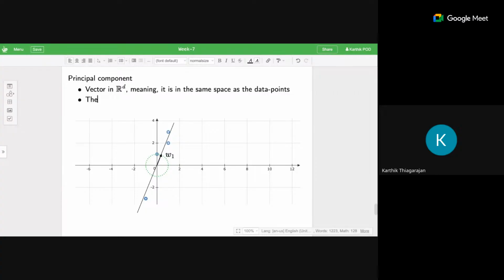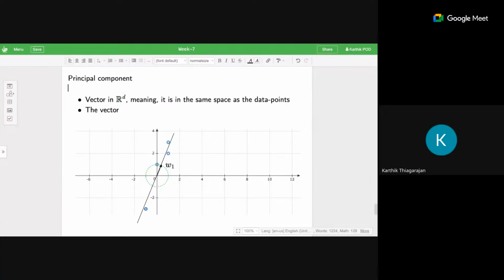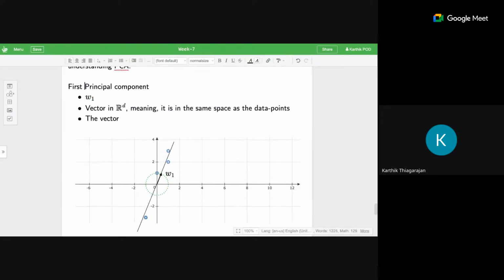So what is the principal component? It's W1. We are going to call it the first principal component, or PC. So that is W1, and W1 is in Rd. Okay, and notice that all the data points are also in Rd, or R2 in this case.